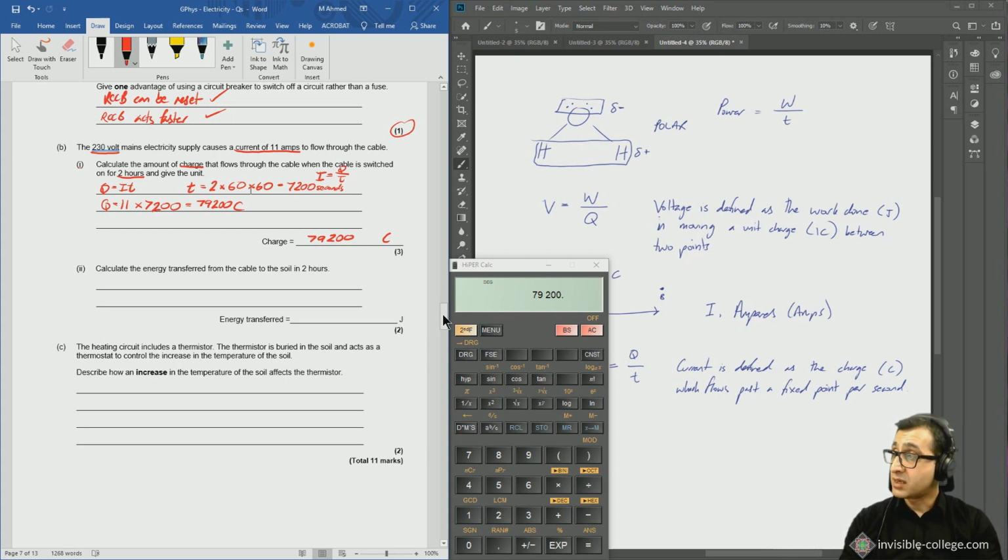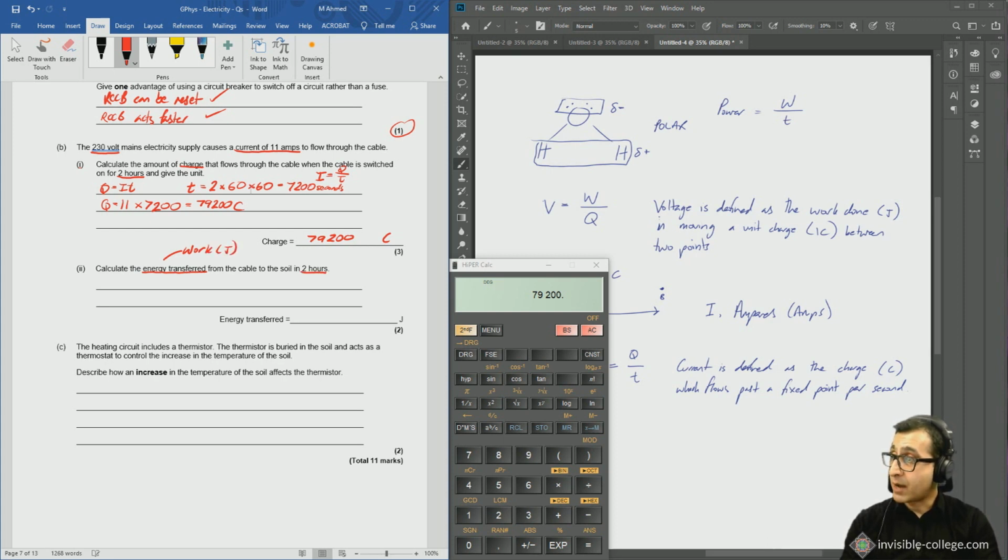Well, so we need the energy transferred, but we were given the volts. So in this case, we need to make use of the correct equations for this. So again, think about the method that I've shown you already. We need to calculate energy transferred. Another term for this is work done, isn't it? So work in joules.